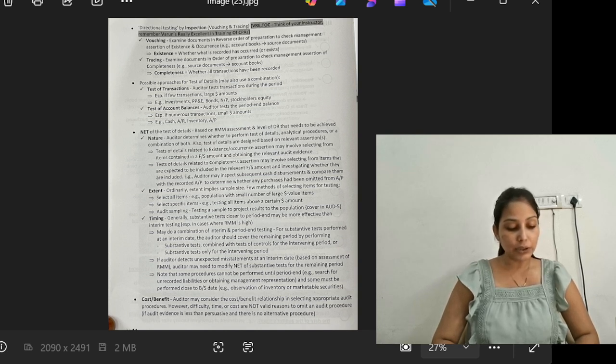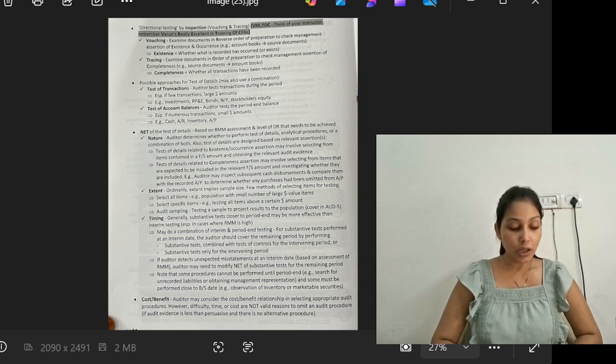Tests of details related to existence or occurrence assertions may involve selecting the items contained in the financial statement amount and obtaining the relevant audit evidence. Tests of details related to the completeness assertion may involve selecting the items that are expected to be included in the relevant financial statement amount and investigating whether they are included or not.